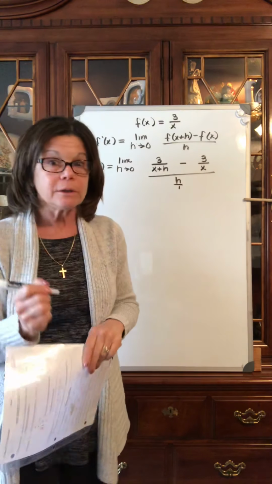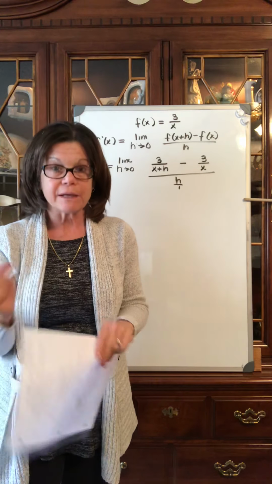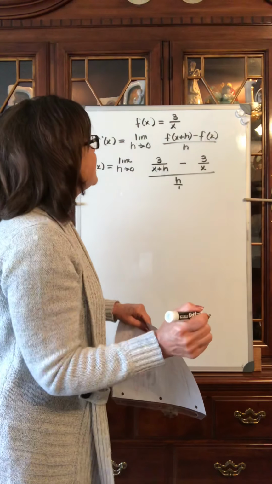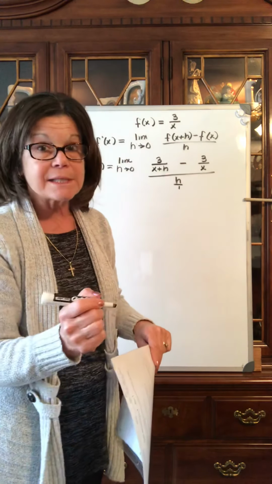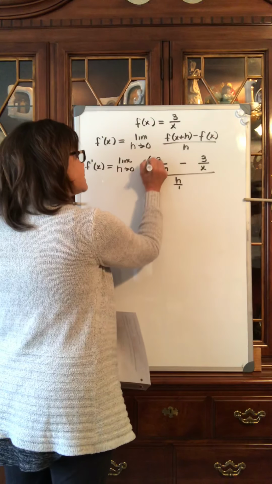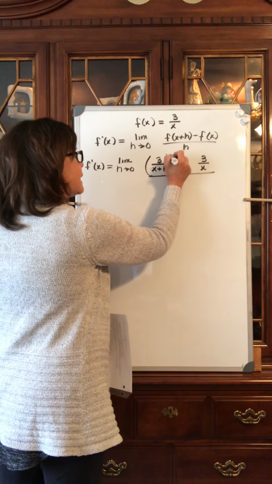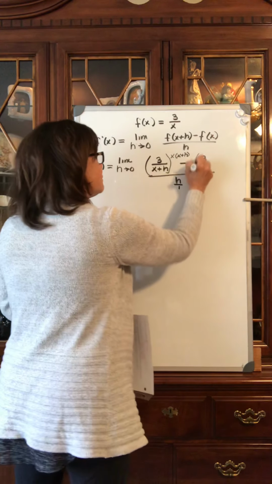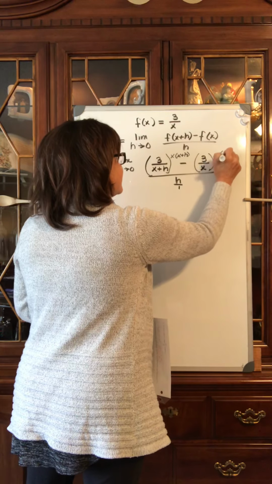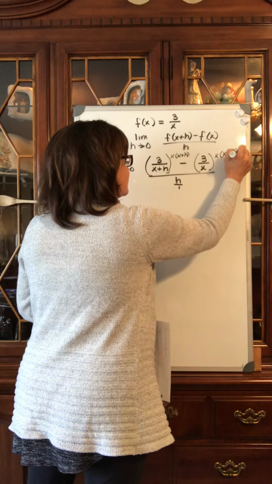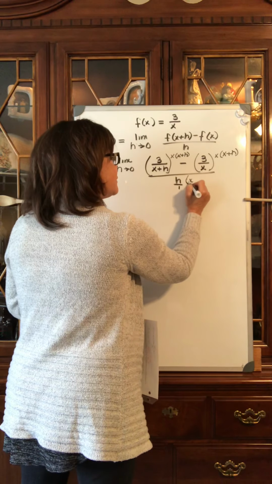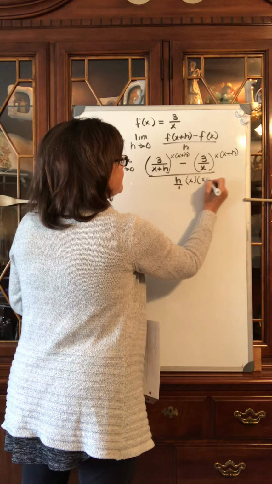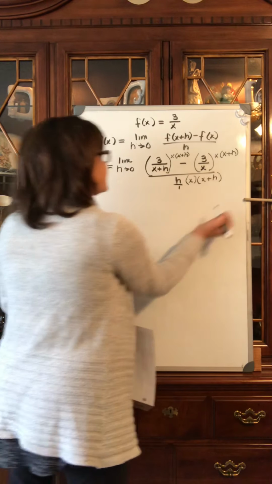I'm going to clear the complex fraction by multiplying everything in it by the LCD, and the LCD is x times x plus h. So I'm going to multiply this, x times x plus h, multiply this fraction, x times x plus h, multiply my denominator, x times x plus h. Right?